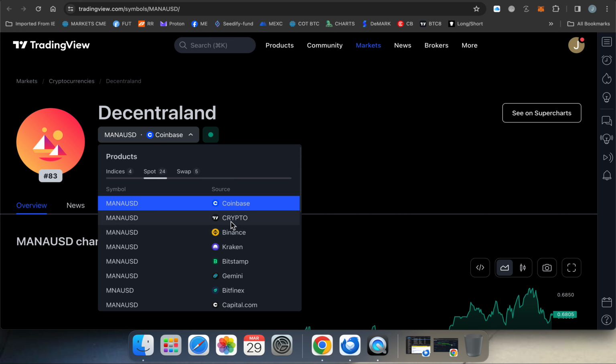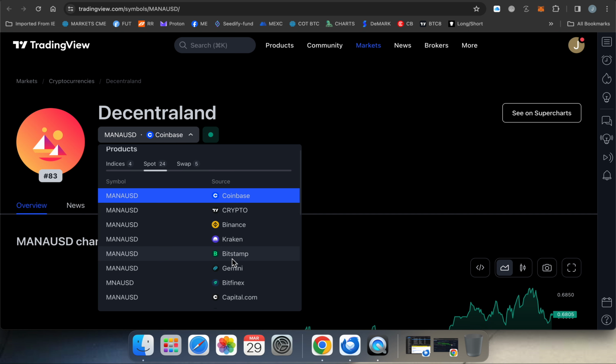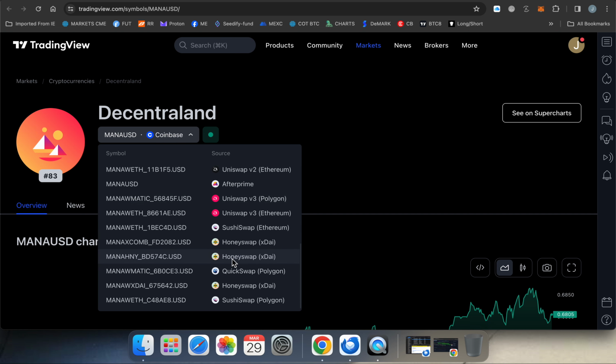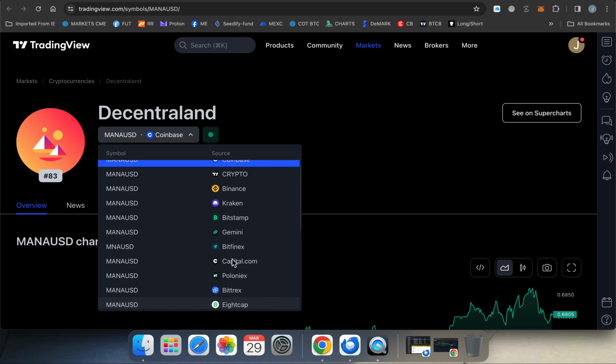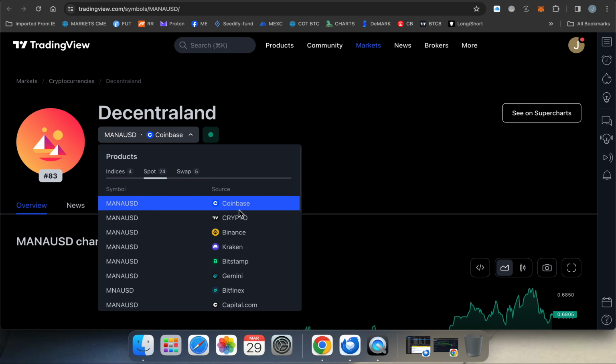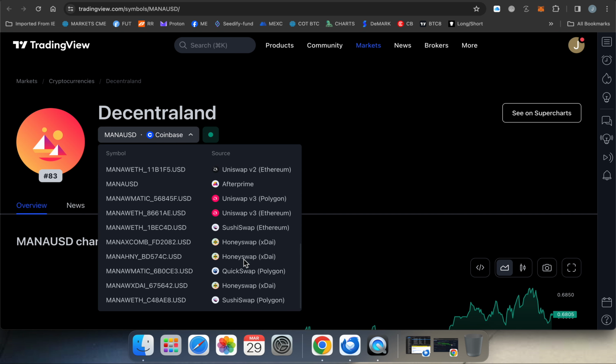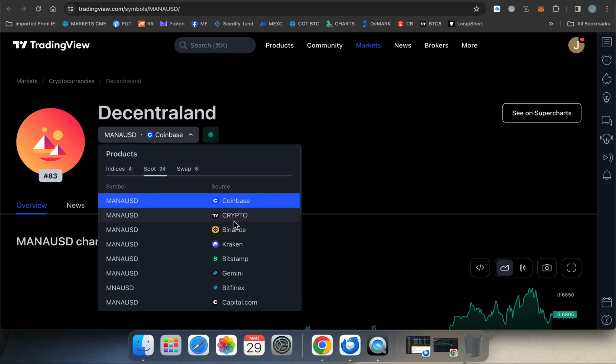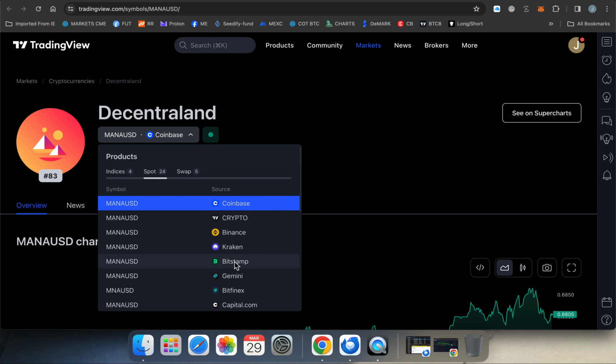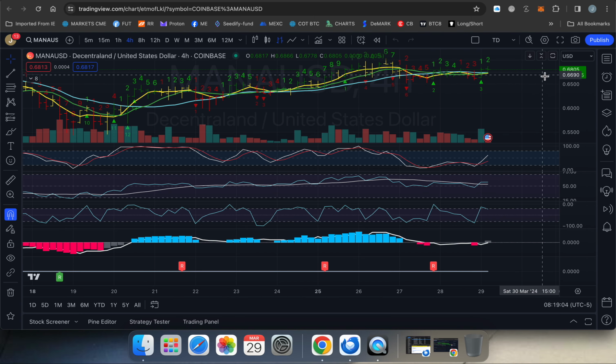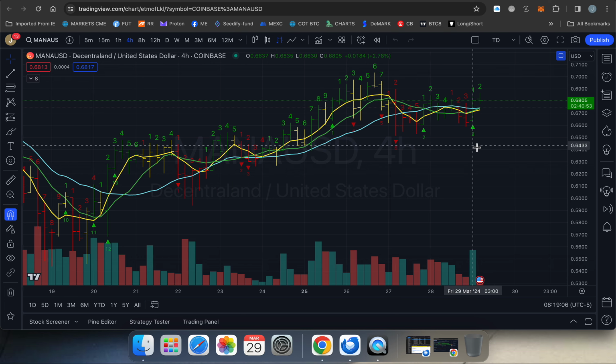It'll load up Binance, so you want to make sure you're on the broker that you're using, and select that. Ideally, I don't even see a MEXC right there, but you could trade it on Coinbase. Looks like you could trade Mana on Coinbase. And once you select that on SuperCharts, then that'll bring up your chart.